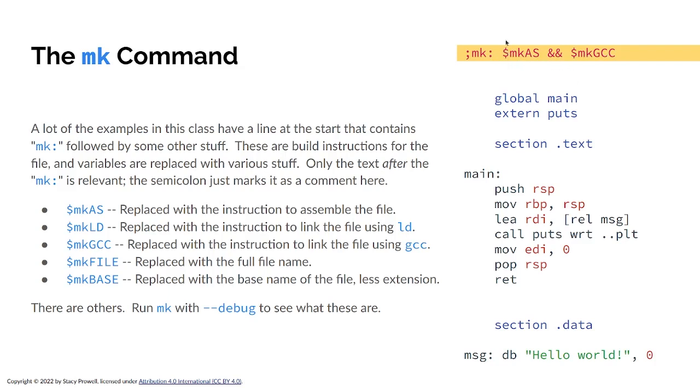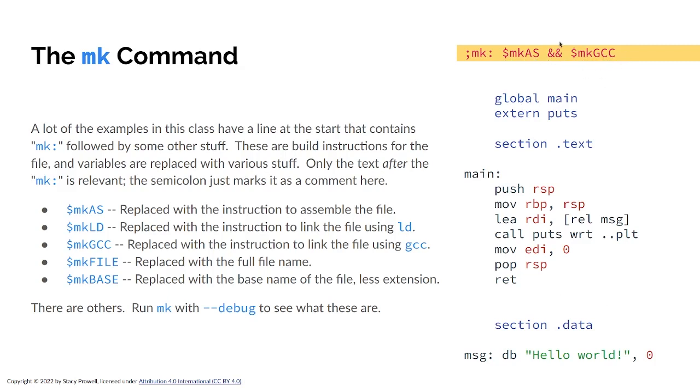Well, the $ sign indicates a variable, and the make script defines some special variables. It defines make AS in such a way as to assemble the content of the file, and it defines make GCC in such a way as to link the content of the file. So this says assemble and link.